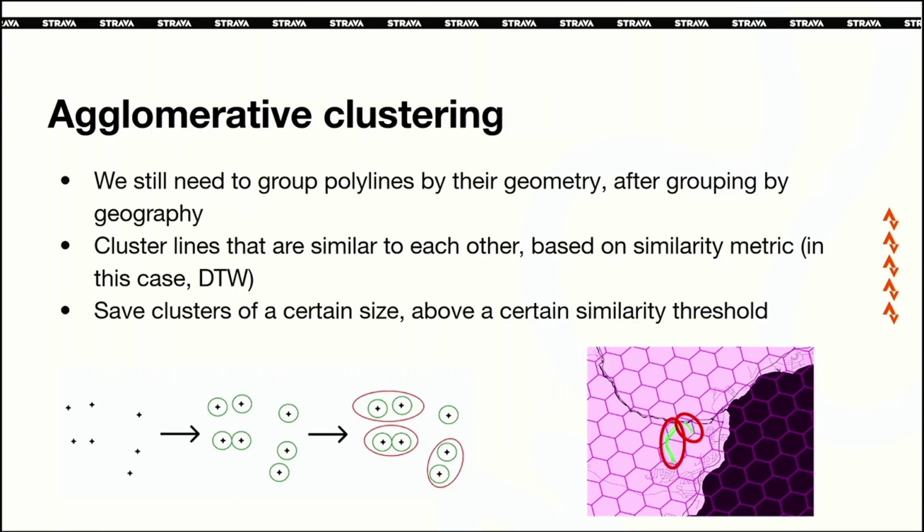The similarity metric we actually use to measure the distance between points, as represented here, was already computed in the previous step with dynamic time warp, and you can imagine each point here representing a polyline, in the abstract space where the norm is defined by the dynamic time warp similarity output.